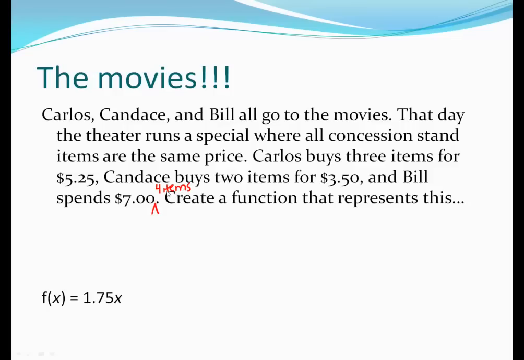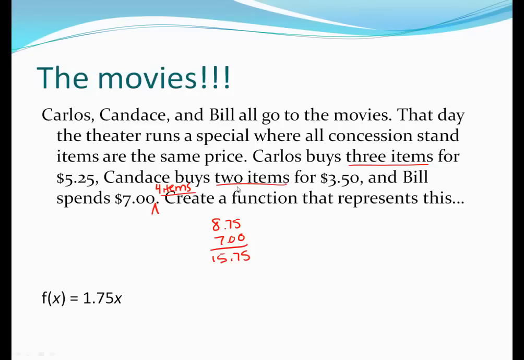All right, so how do we figure out how much each item costs? Well, you can add all 3 of them up and divide by the number of items: 3, 2, and 4. If you took $5.25 and $3.50, that would give you $8.75, and then the 7 would give you $15.75.